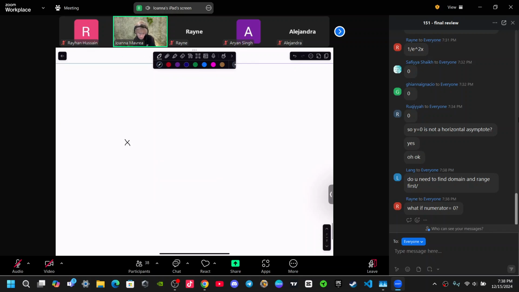So if the numerator was, let's say, that, and the denominator was that, I will not take this and set it equal to 0. Your first job is to simplify this, right? Even if the numerator is not 0, it doesn't matter to me. I would simplify this first.